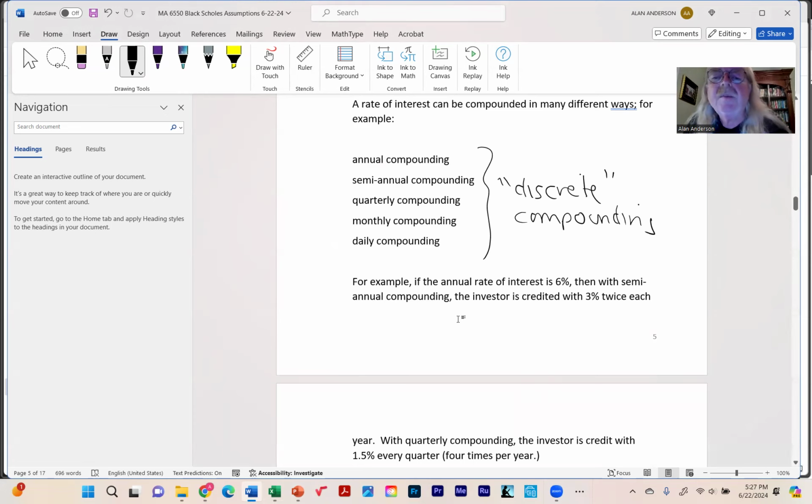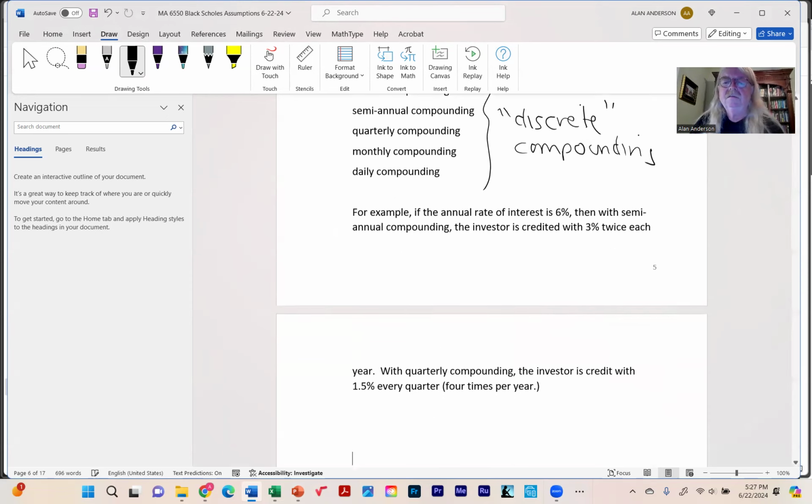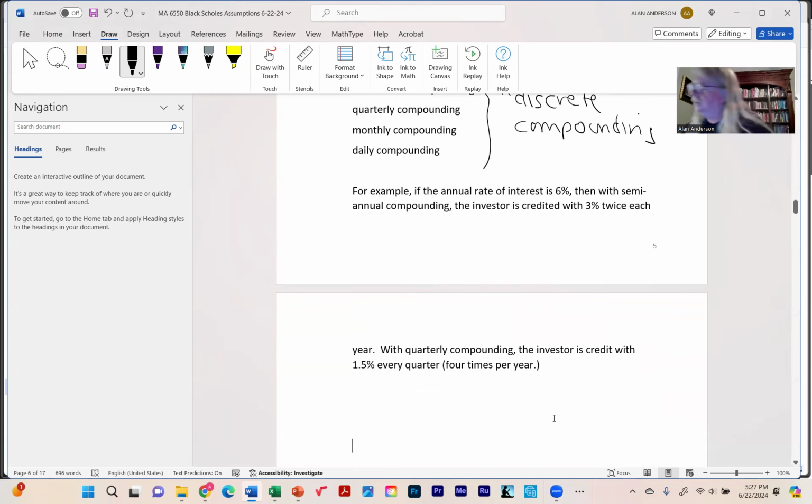And so with discrete compounding, the rate of return is actually calculated. Let me add this in here.